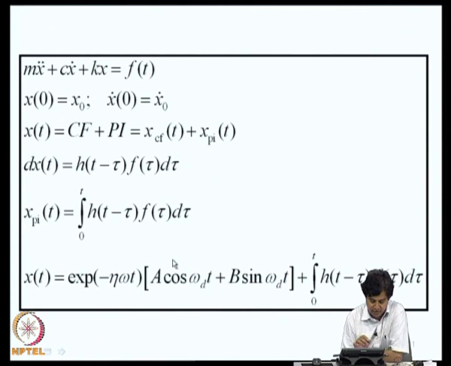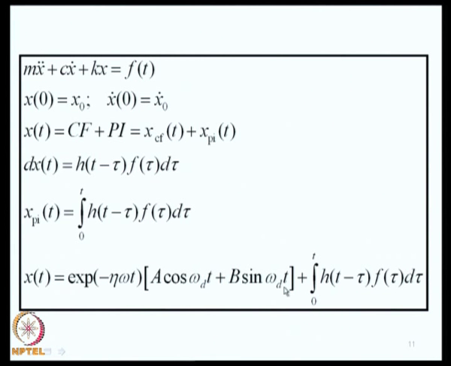Now, bearing that in mind, we can consider the response of a single degree of freedom system under arbitrary loads and certain specified initial conditions. We have a complementary function and a particular integral. The complementary function continues to be, for example, exponential of minus eta omega t times a cos omega t plus b sin omega t. The particular integral is what we are constructing. dx of t is the response due to an impulse whose magnitude is f of tau d tau applied at tau.